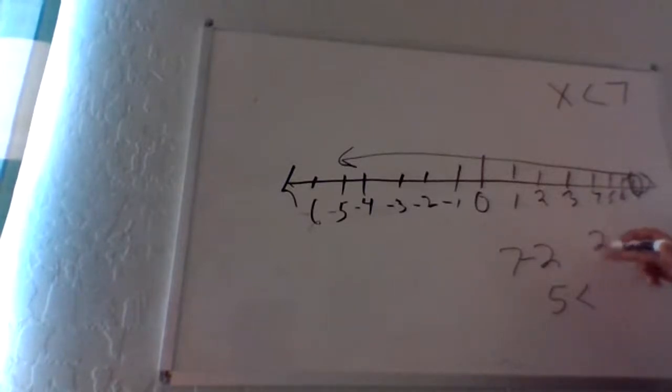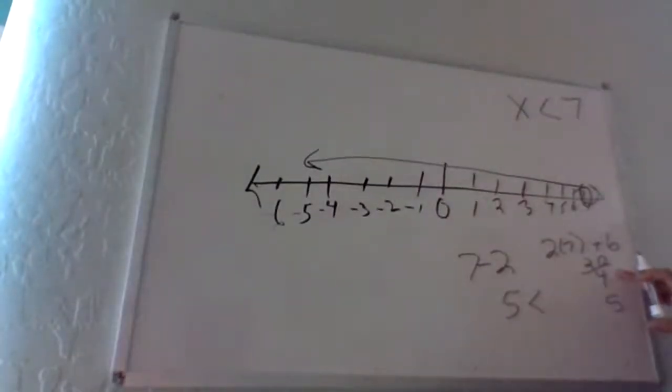So let's see. 2 times 7 is 14. 14 plus 6 is 20. 20 divided by 4 is 5. So obviously, the 7 won't work, right? It doesn't make it true. So it has to be anything below 7 to make it a true statement.